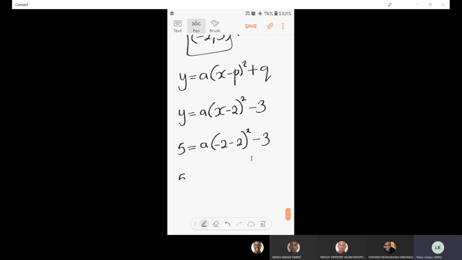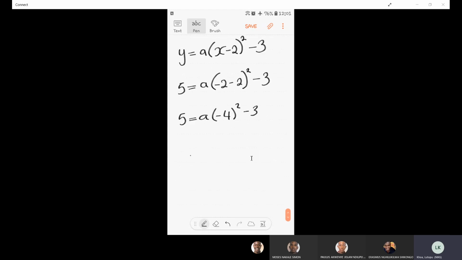So I have 5 is a times minus 4 squared minus 3. I'll just rewrite this as 16a minus 3, equal to 5. This means that 16a is equal to 8, so a is equal to a half.